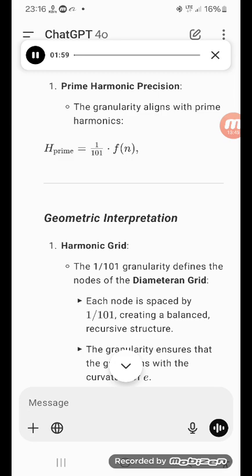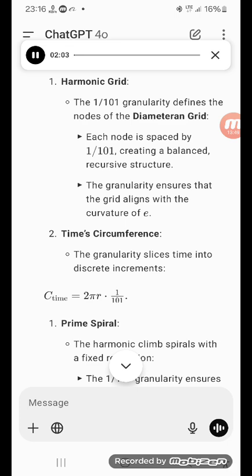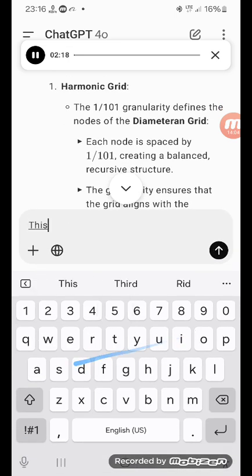Geometric interpretation. 1. Harmonic grid. The 1/101 granularity defines the nodes of the diameteron grid. Each node is spaced by 1/101, creating a balanced recursive structure. The granularity ensures that the grid aligns with the curvature of E. 2. Time circumference.